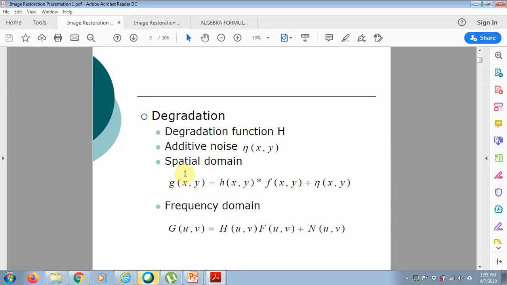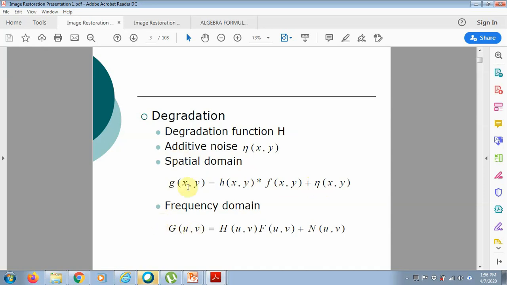If you are considering g of xy in the spatial domain, I can represent g of xy as equivalent to h of xy multiplied by f of xy, where f of xy is your input image or input pixel, multiplied by the degradation function h of xy, plus you will add some noise, that is eta xy. The Fourier transform of this g of xy I can write using the convolution theorem.